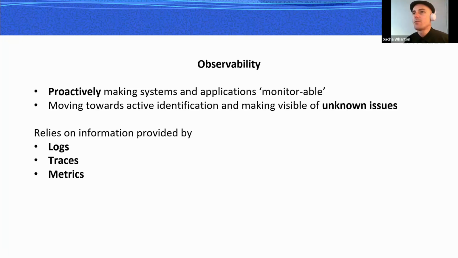This is the proactive side, making systems and applications monitorable. It moves towards active identification and making visible of unknown issues, and this information relies on logs, traces and metrics. So now we really have to unearth what we need to monitor.